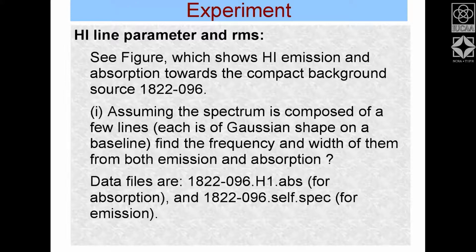So you have to write several such components: I01 exponential of minus (v minus v01) whole square divided by sigma 1 square, plus I02 exponential of minus (v minus v02) whole square divided by sigma 2 square, like that.